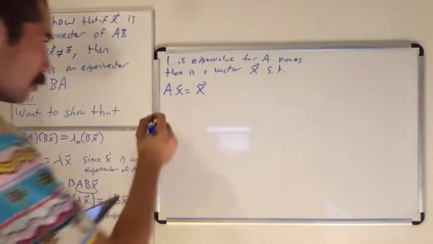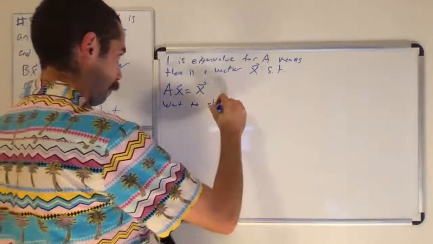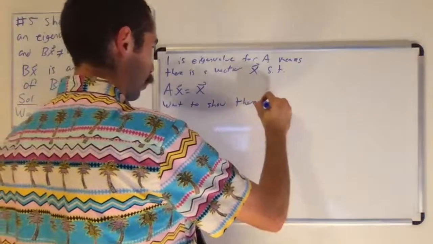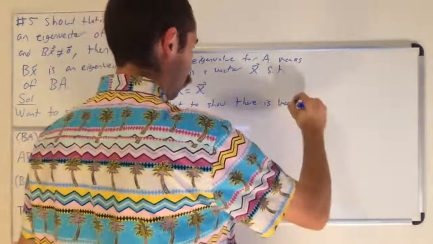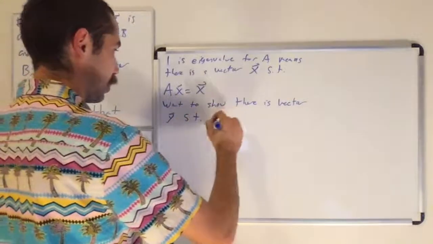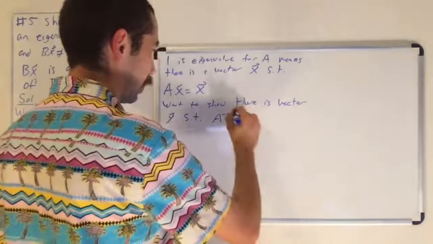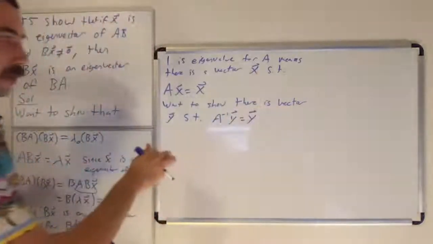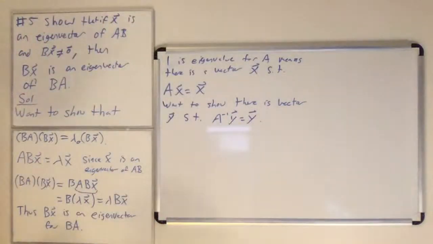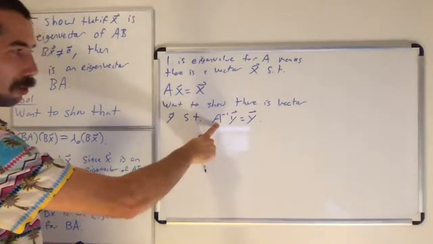Okay, and we want to show there's a vector, maybe call it y, such that A inverse y is equal to y, right? That's what it means for 1 to be an eigenvalue of A inverse.